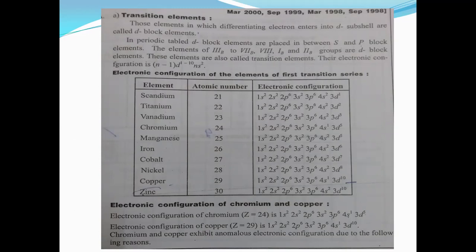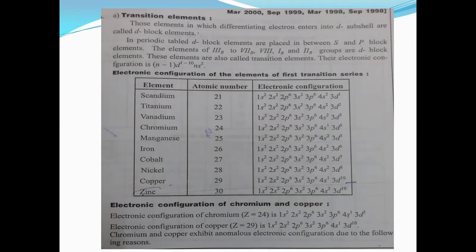Actually, the configuration of chromium should be 1s2, 2s2, 2p6, 3s2, 3p6, 4s2 and 3d4. That is the actual configuration as per principle. But the actual configuration is 1s2, 2s2, 2p6, 3s2, 3p6 and 4s1, 3d5.